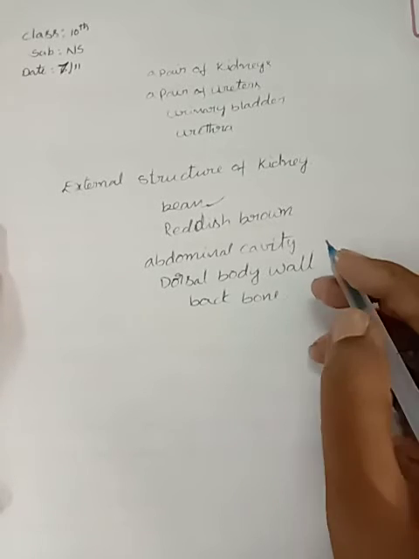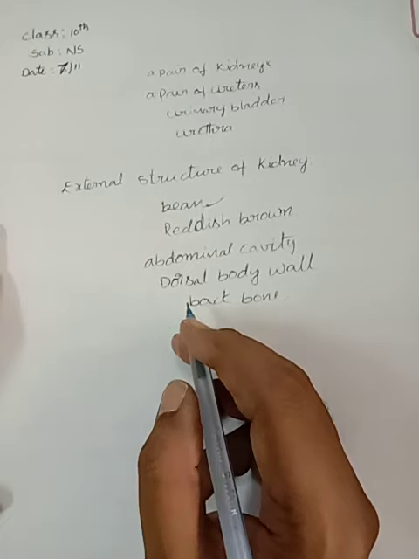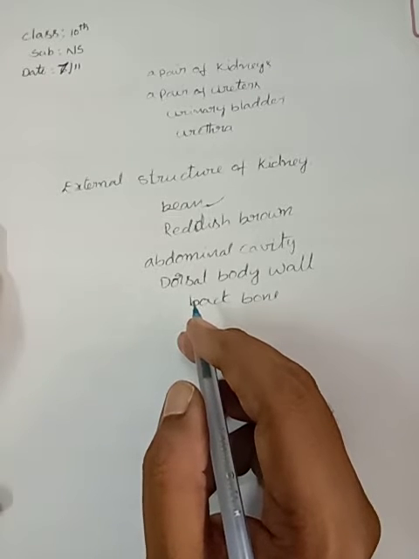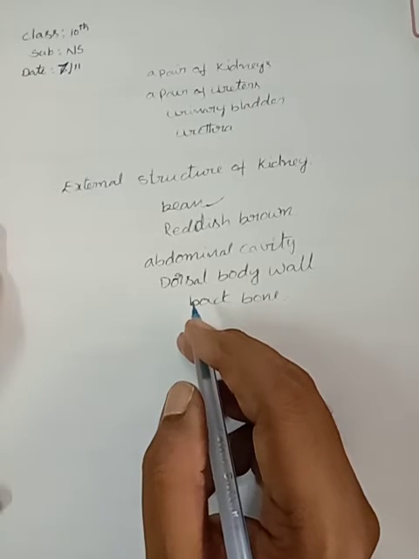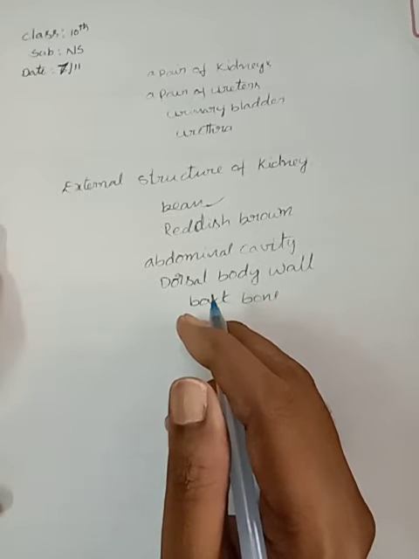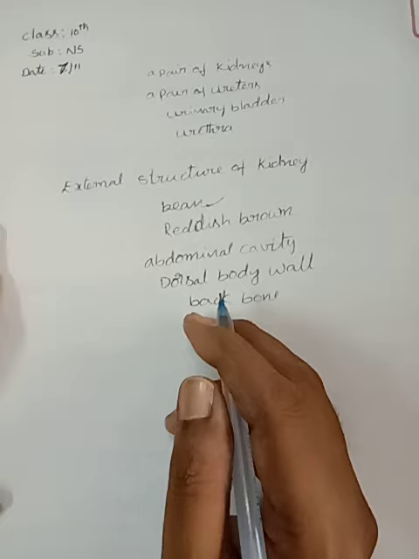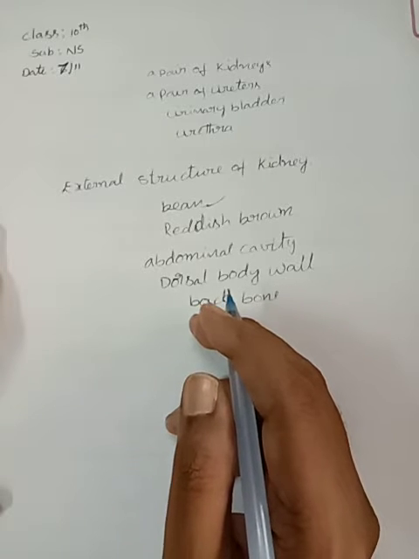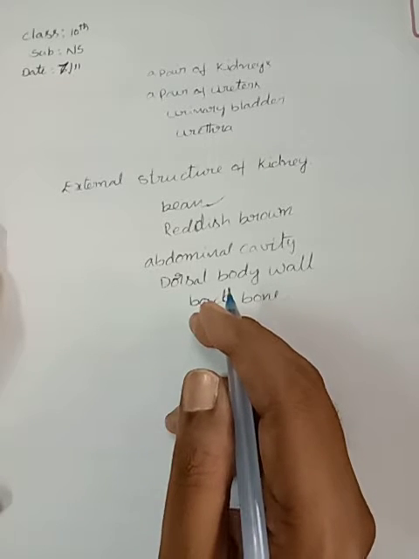Okay, children, the right kidney is placed slightly lower than the left kidney. In the human body, the right side kidney is placed slightly lower than the left side kidney.